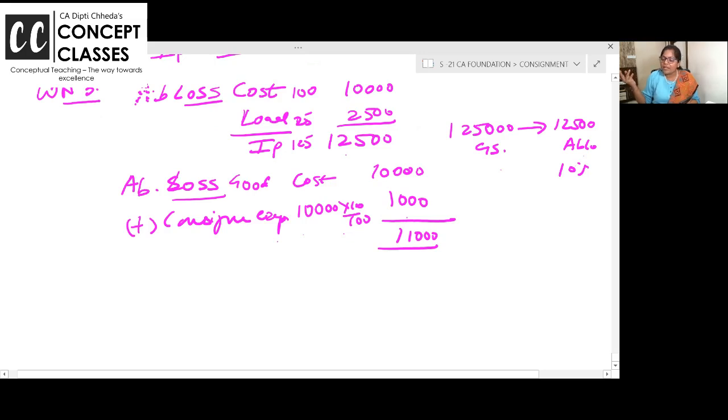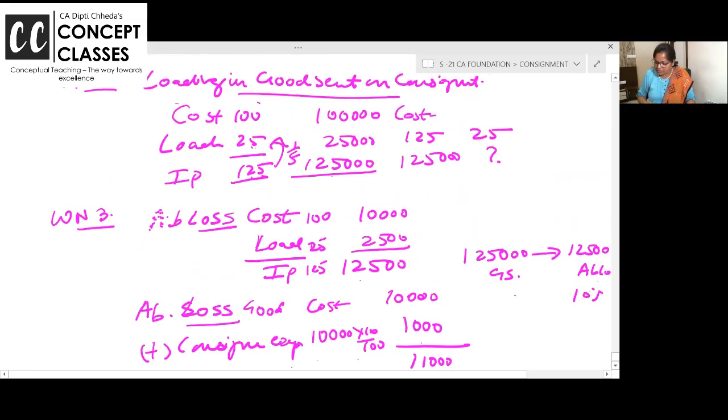This has turned into a profit. Your abnormal loss is 11,000 and the insurance company is giving you 12,000. So for now, we will write abnormal loss and close it.